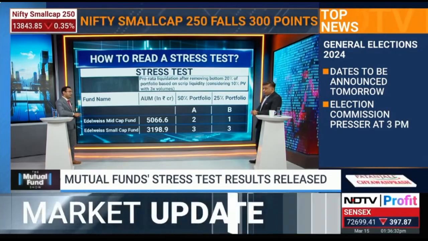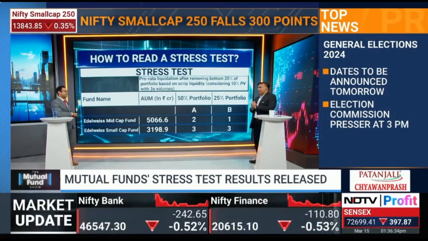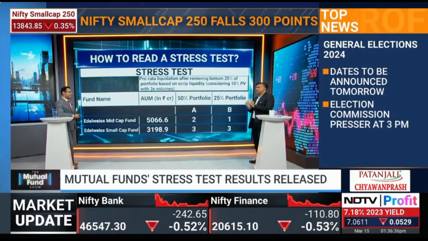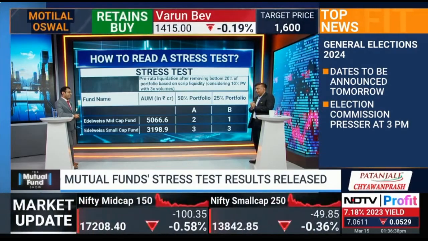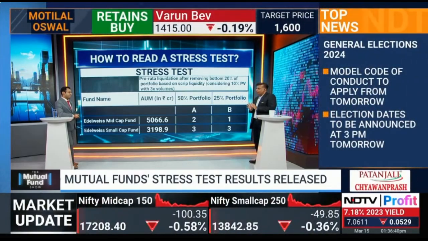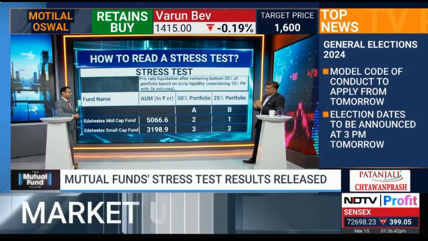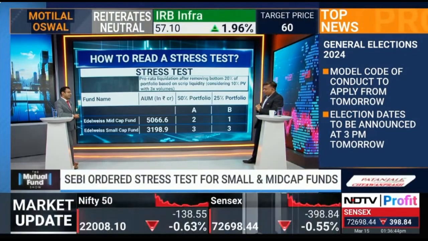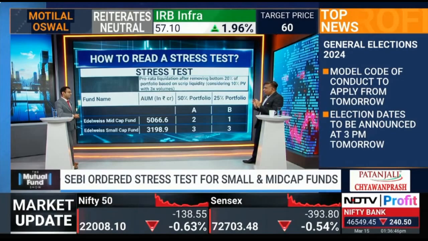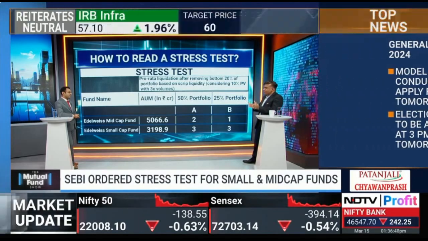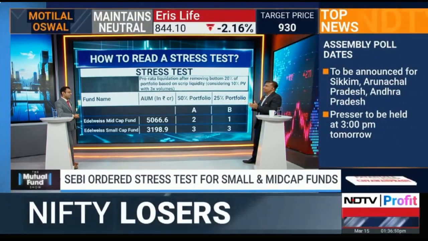Yeah. So first of all, this is a very good measure by the regulator to increase the transparency in the system. And to that extent, it's a welcome move. But at the same time, it could create some confusion as well. We'll probably come to that in a bit. But I think the first thing that we need to understand is, as compared to the industry average, where does the fund really stack up?